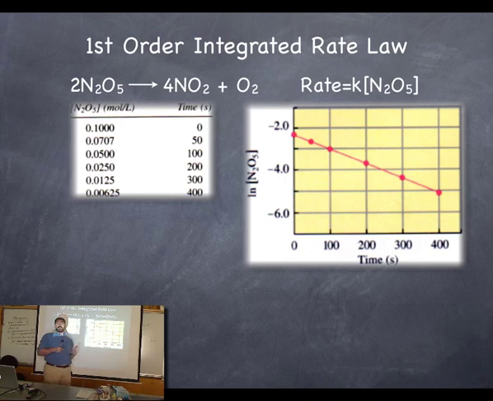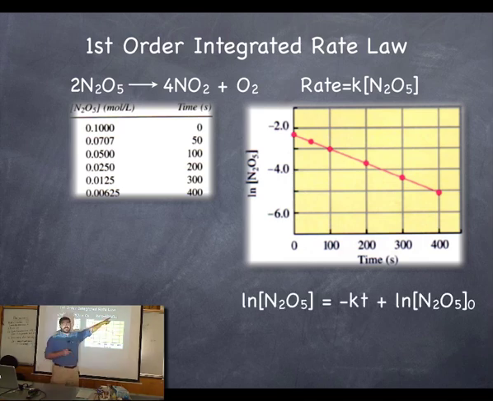Which means that the differential rate law looks like this and the integrated rate law looks like this. Our integrated rate law is the natural log of concentration equals negative kt, that's our time, plus the natural log of our initial concentration.